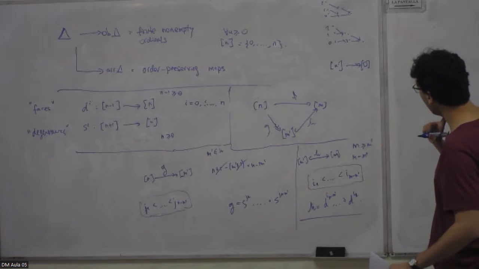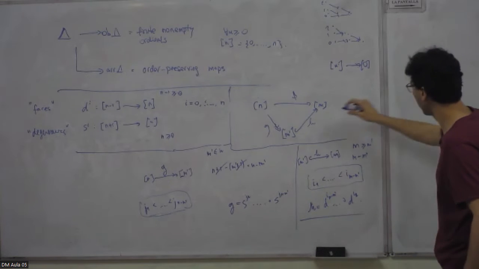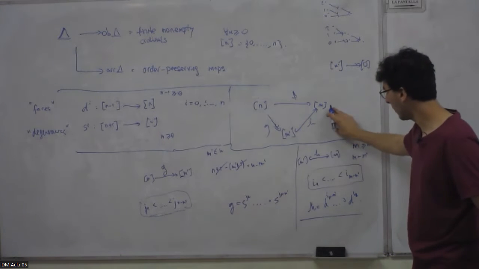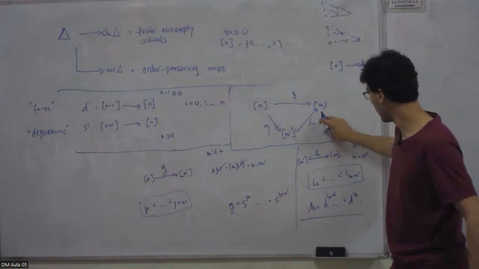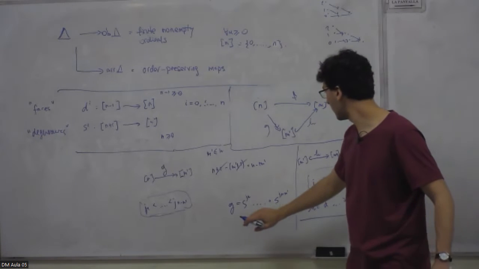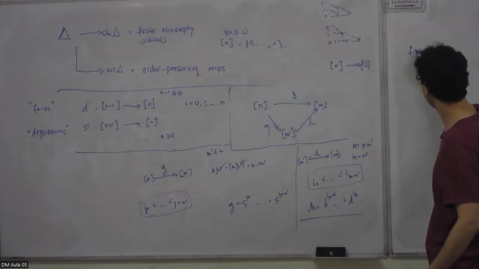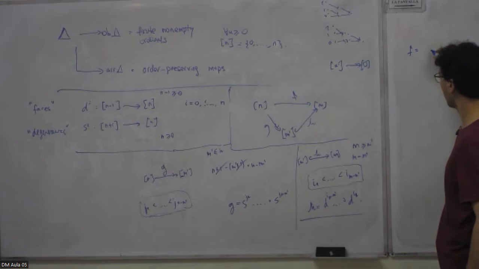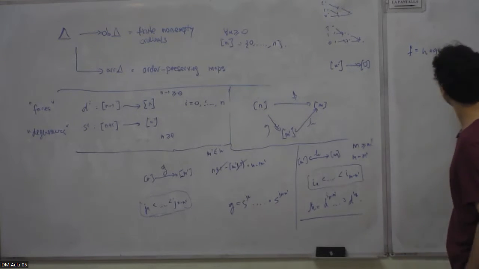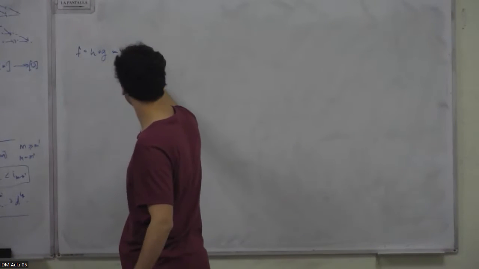So now suppose you have f, you decompose it in this unique way, your h in this fashion and your g in this fashion, then f equals h after g, and this equals this.